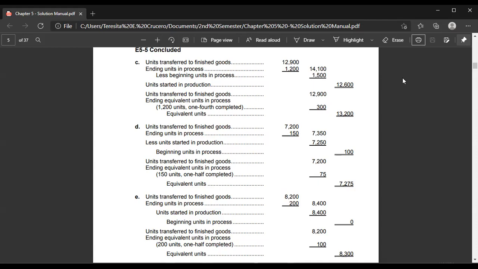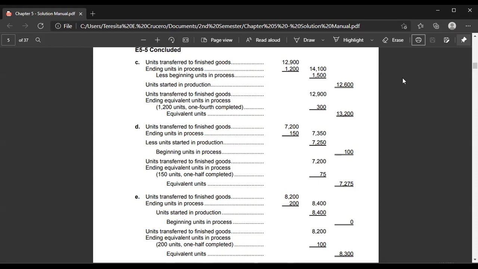Okay, if we stick to the formula that I gave you, that units in process beginning, and then we add just started, we get the total units to be accounted for. So that means we are going to add units in process beginning 1,500, but the units started is not given.